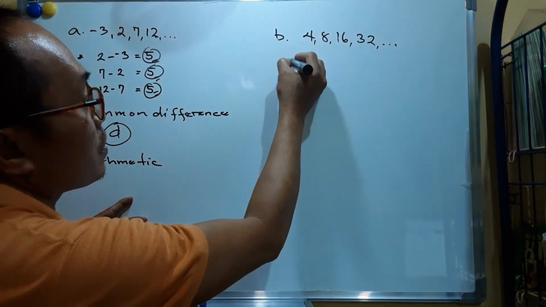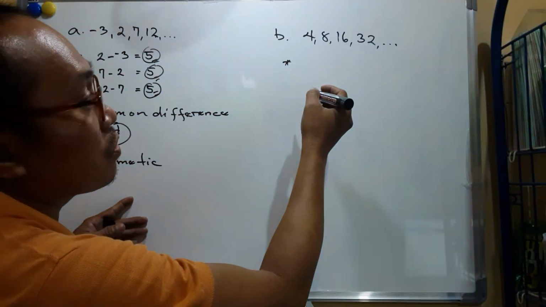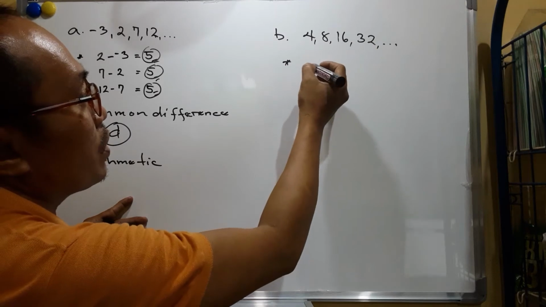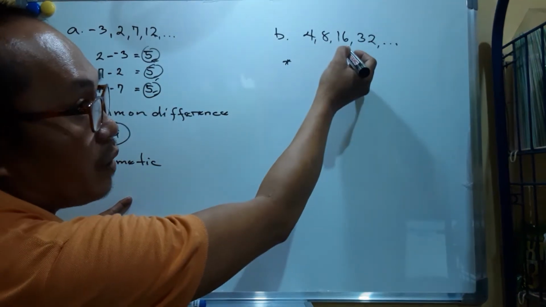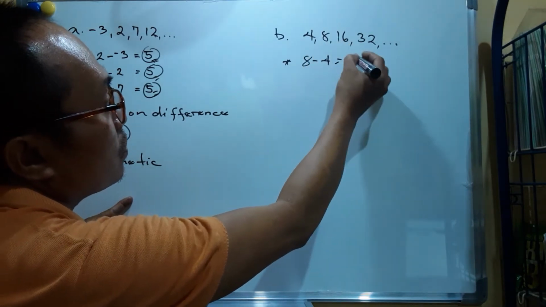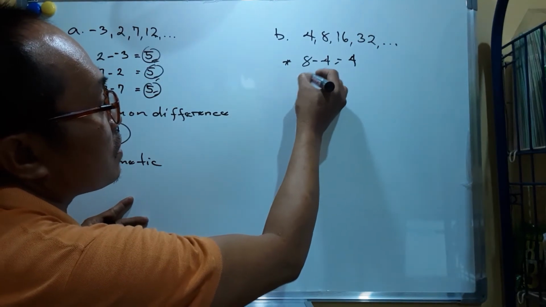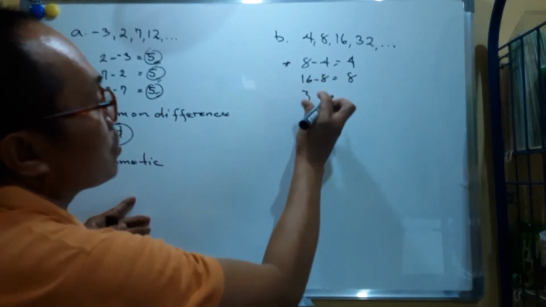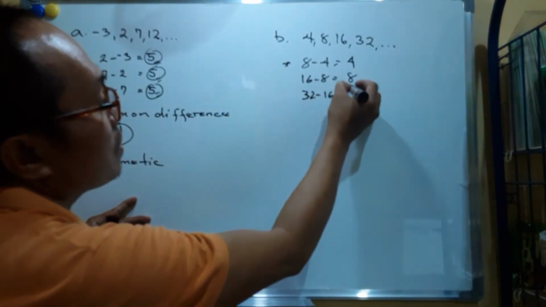Now, let's try letter B. For example, I will be using 8 and 4. All you have to do is subtract 4 from 8. So 8 minus 4 is equal to 4. Am I right? Second, 16 minus 8 is 8. 32 minus 16 is 16.